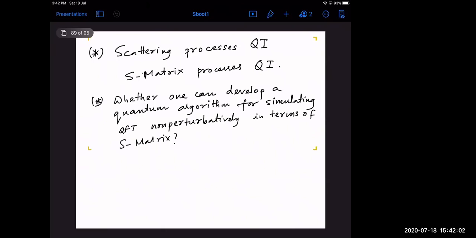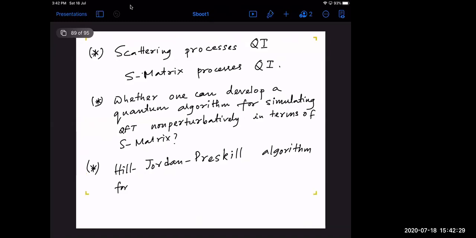If you look at the Jordan-Lee-Preskill algorithm for simulating scalar field theories, you will see that the algorithm is based on a Lagrangian, and specifically they use this algorithm to simulate a phi-4 theory.